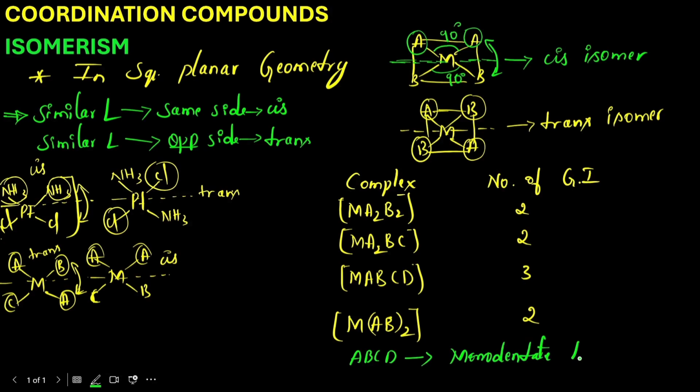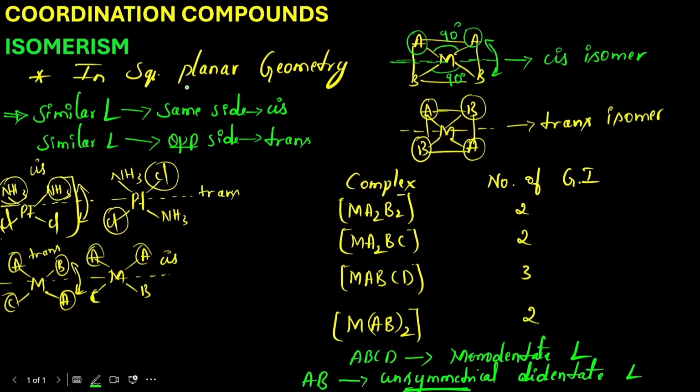And coming to AB, it is an unsymmetrical didentate ligand. Unsymmetrical means it consists of two different donor atoms.